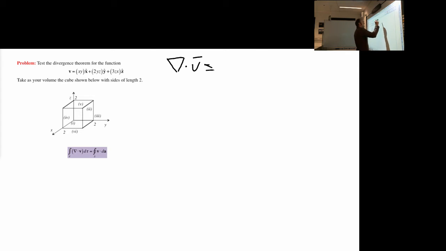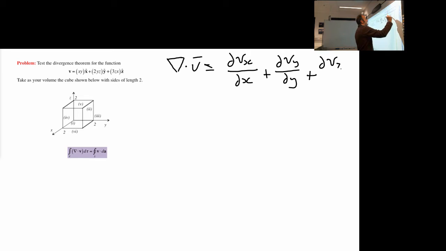If you recall, it's equal to the derivative of our vx component with respect to x plus the derivative of our vy component with respect to y plus the derivative of our vz component with respect to z.